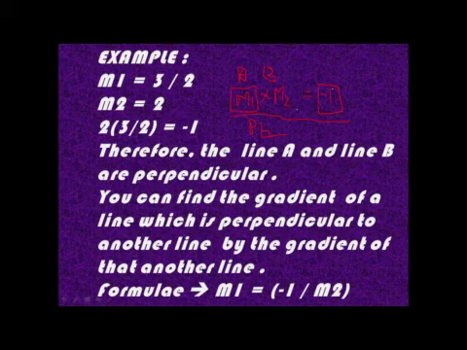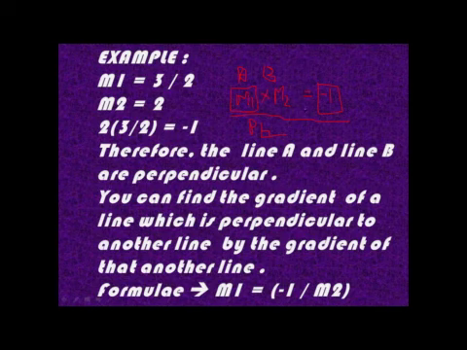So what you would do is rearrange the formula and put the value of M2 here. You know M1 times M2 is equal to minus 1, so you divide that minus 1 by M2, and then you get M1.